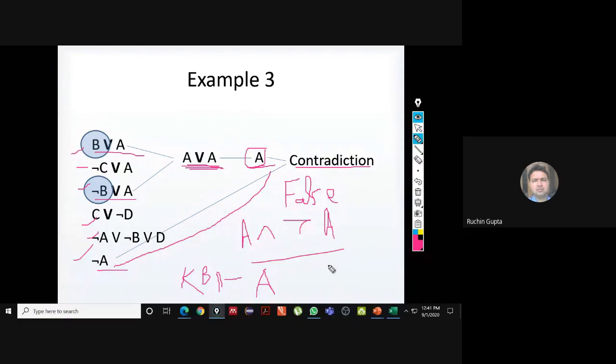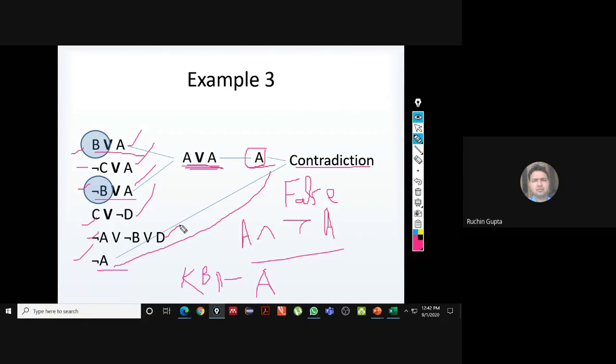Okay, so resolution is simple. The only thing is that sometimes you need to convert the statements into CNF. And luckily in this example, all these are already clauses, so we need not convert them into CNF because they are already in CNF.